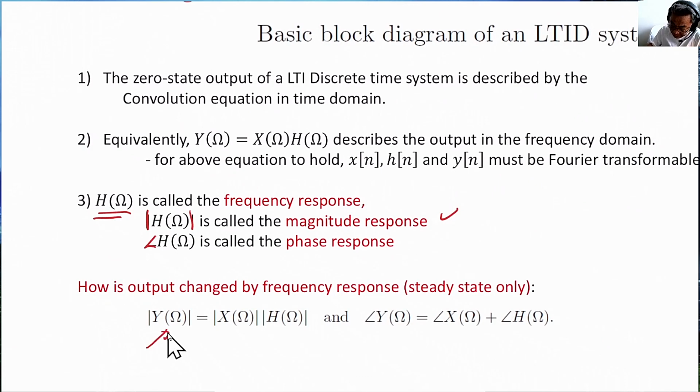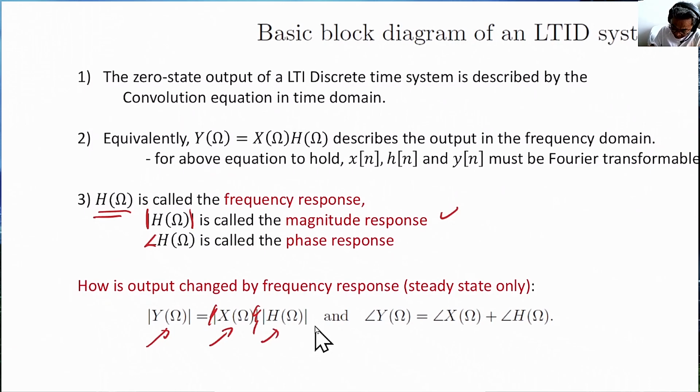So basically, for Y(ω), the magnitude is the magnitude of X(ω) multiplied by the magnitude of H(ω), and the angle is the angle of X(ω) plus the angle of H(ω) at that particular frequency.